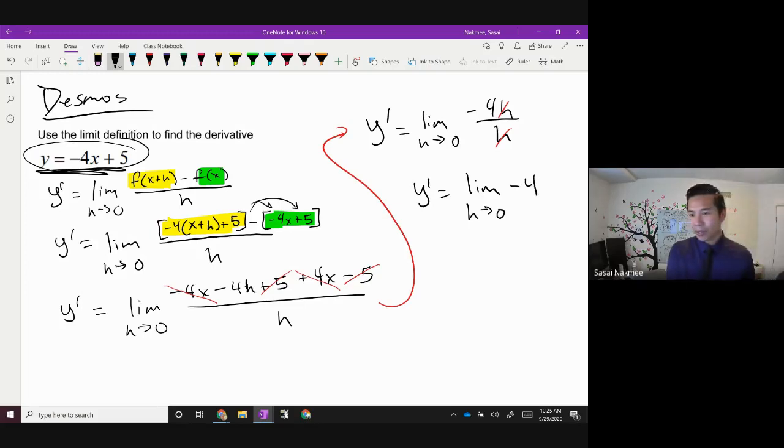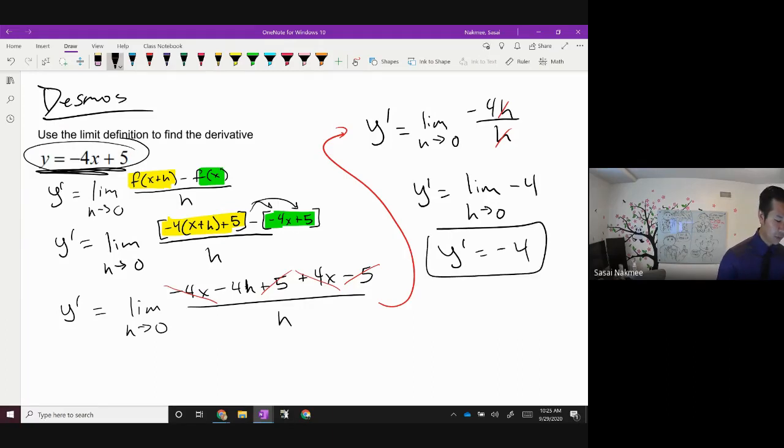There's no more h to plug in, so I can evaluate this limit now, can't I? What is negative 4 going to be equal to as h approaches 0? Why, that's just going to be equal to negative 4. And that's the derivative. That means that the slope of the tangent line at any x value is always going to be equal to negative 4. That's it.